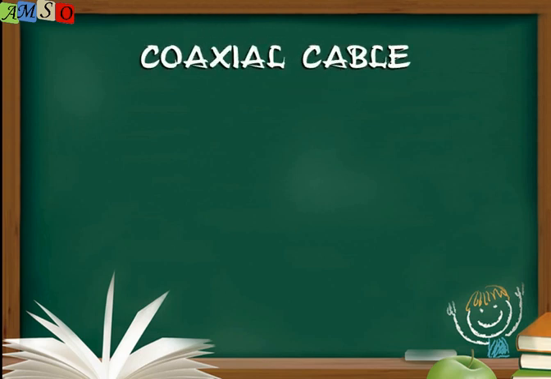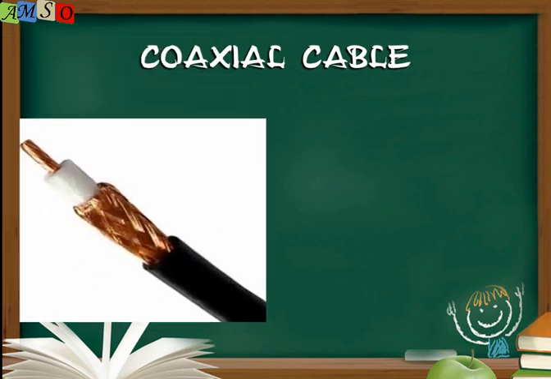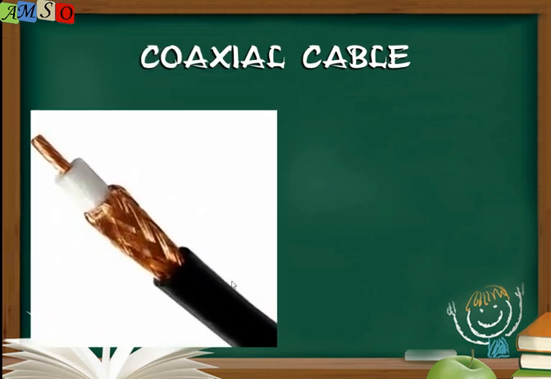The first is the coaxial cable, which looks like this. I know you've all seen this type of cable before. It is the kind of cable we use to connect our DSTV to our television, the kind of cable we use to connect our antenna to our television.